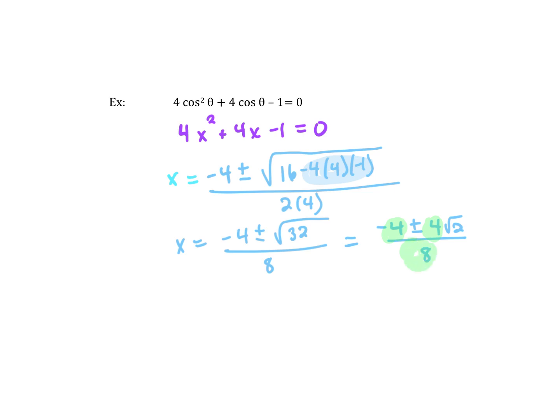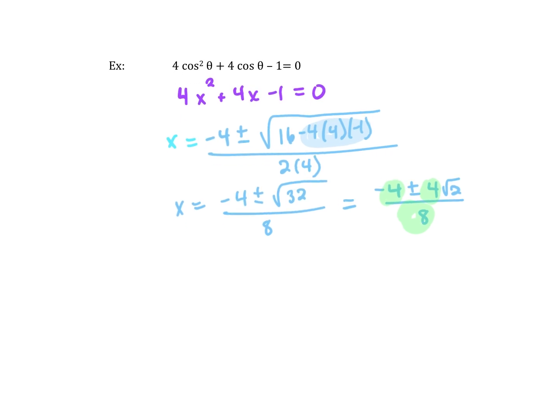So I'm going to do this now in one step. I'm going to break it up and clean it up and add the cosine. So we have cosine of x is equal to, if we divide out that common factor of 4, negative 1 plus 1 times the square root of 2 all over 2. And then the cosine of x is negative 1 minus the square root of 2 all over 2.